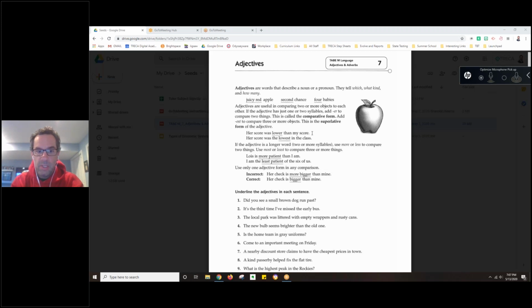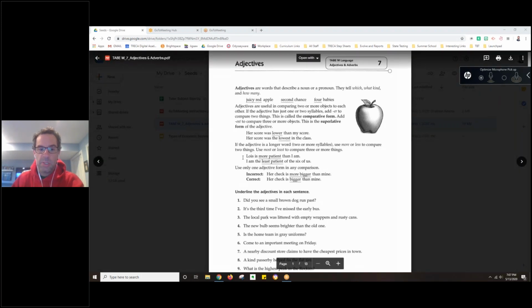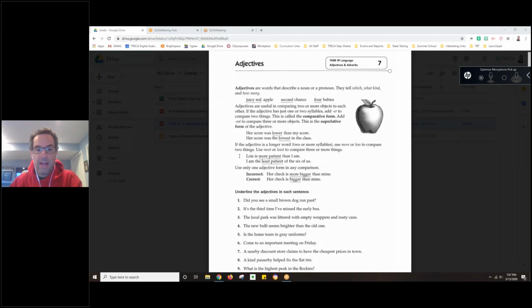The other one is if the adjective is a longer word, and this one is patient. So you use more or less to compare to. So this example down here says Lois is more patient than I am. So 2 things, right? You're comparing Lois and yourself. So you would use more patient.